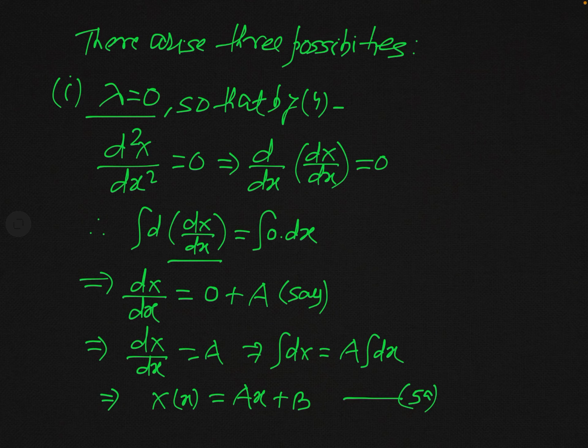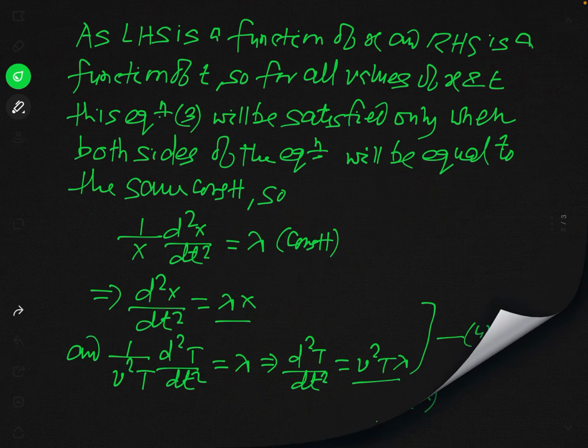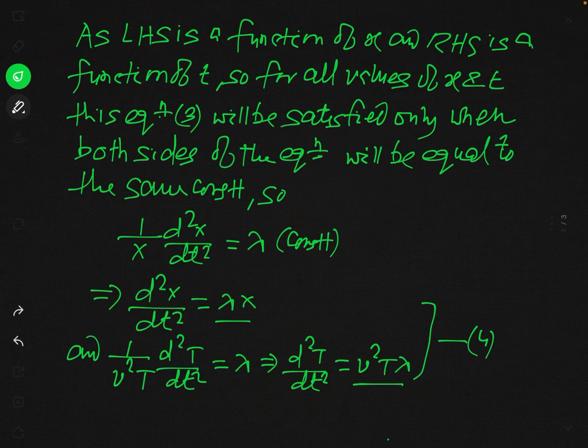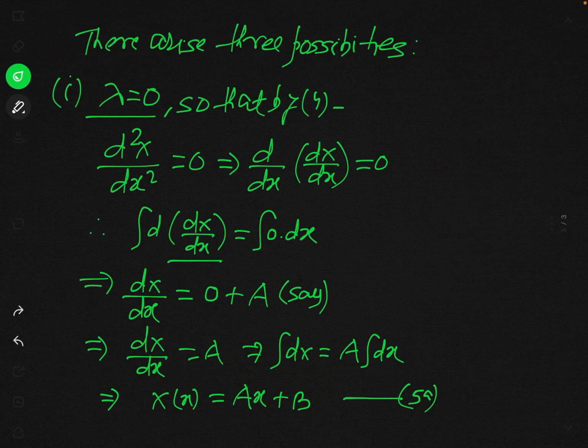And similarly, when you will integrate the second part of this equation number 4, you can see there will be no difference. Equation will be d2t by dt square equal to 0. So only instead of capital X, there will be capital T, and instead of a small x, there will be a small t.